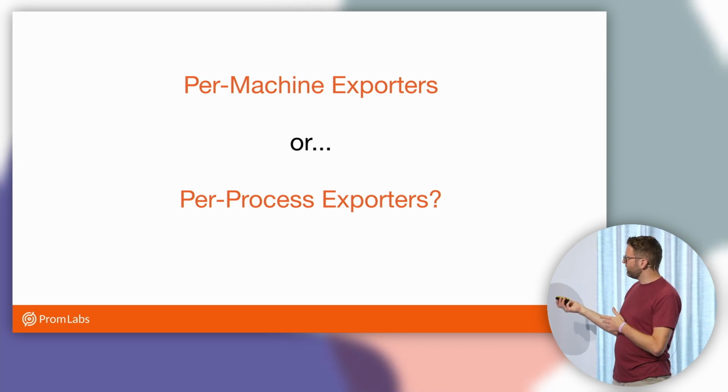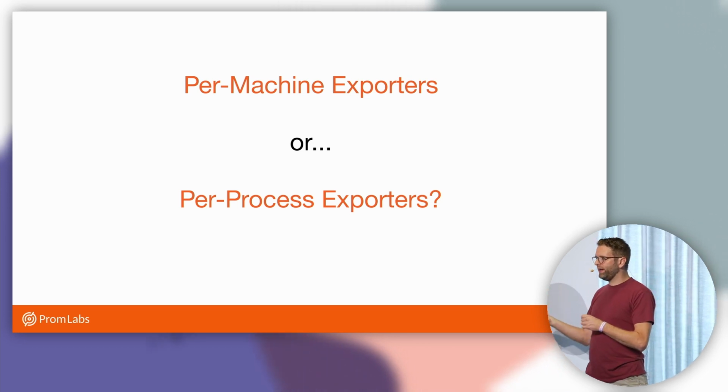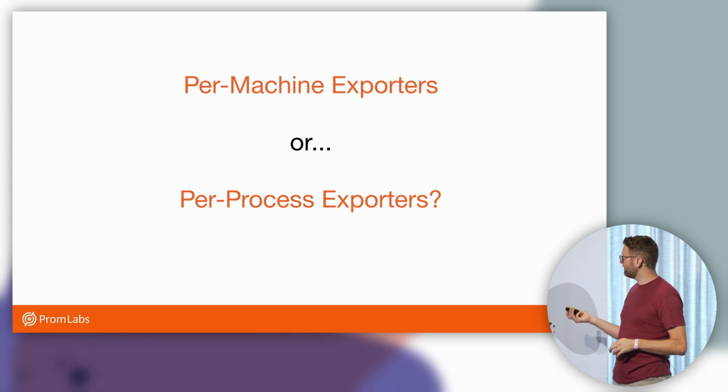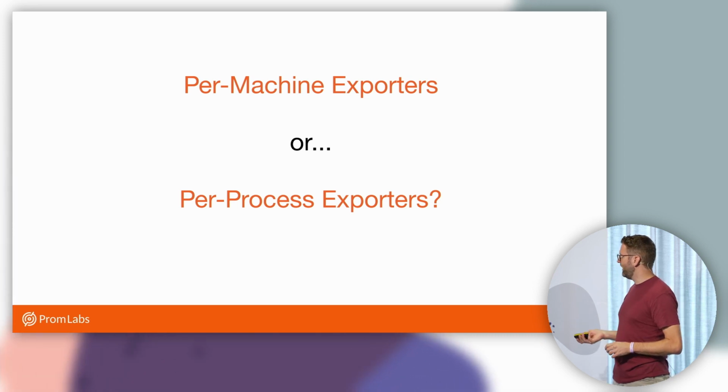Whereas you could also have this other model where you really have very fine-grained exporters as targets that Prometheus can pull individually. So let's have just a look at these and what the different problems here might be.